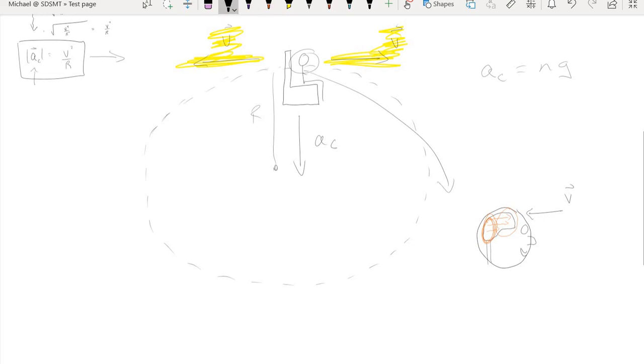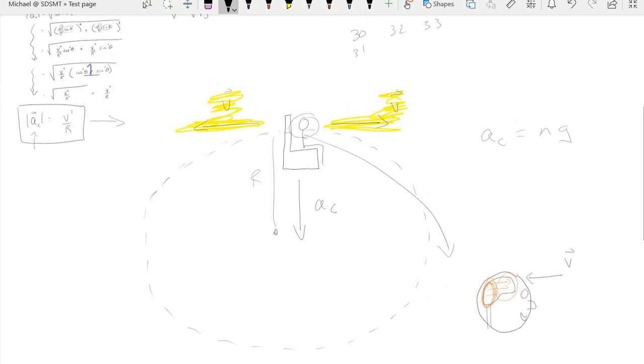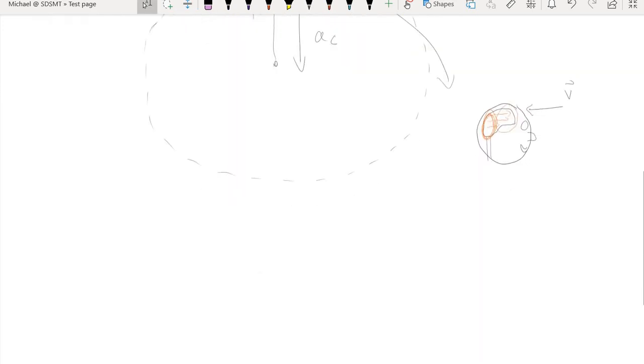So this is why when we do put our astronauts in the rockets, we'll draw ourselves a rocket here, we have the astronauts basically laying on their back in the rocket, so that when they accelerate forward, all the blood is going to rush to the back of their brain and keep them conscious for as long as possible.